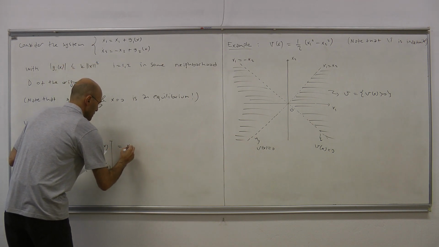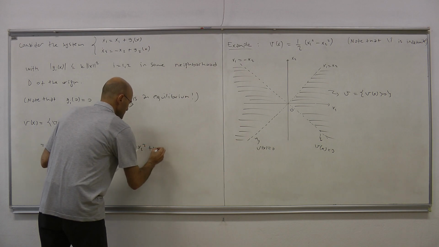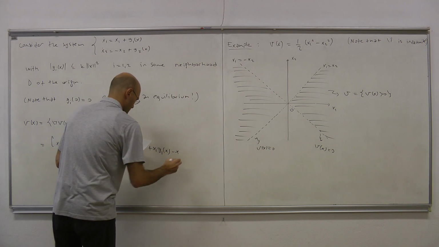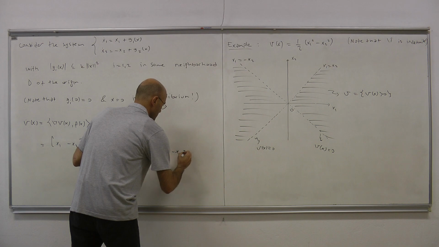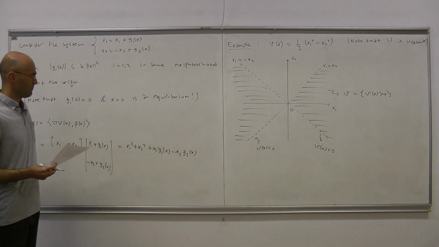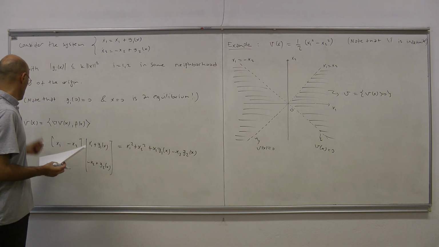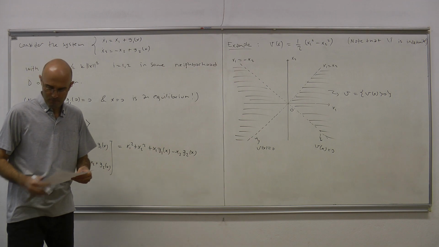That reads x1 squared plus x2 squared plus x1 g1 of x minus x2 g2 of x. Okay, and now let's try to find some region where this V dot is positive.